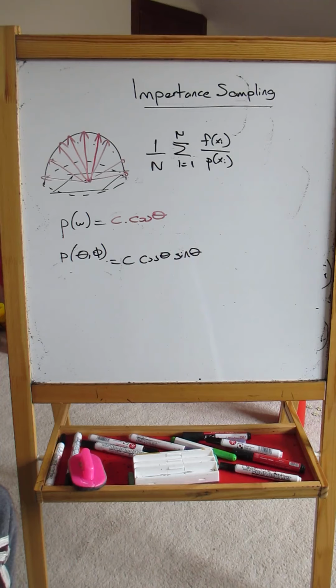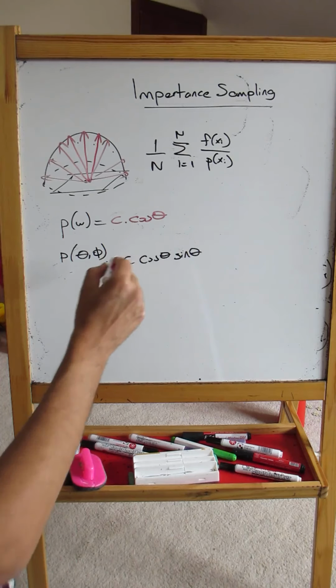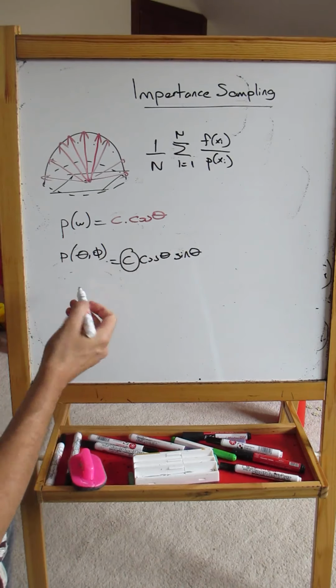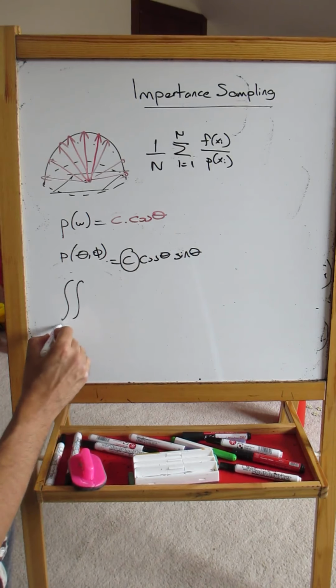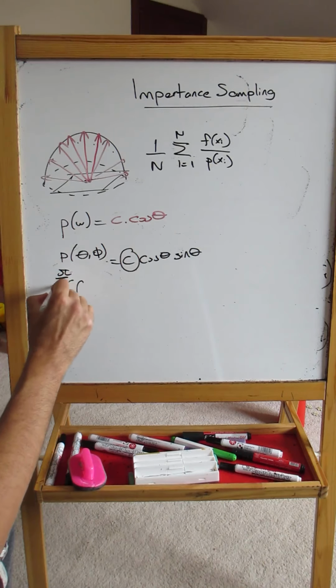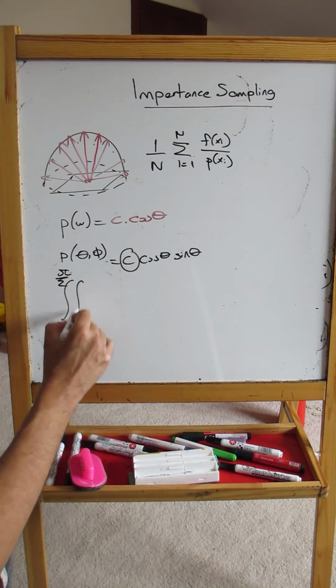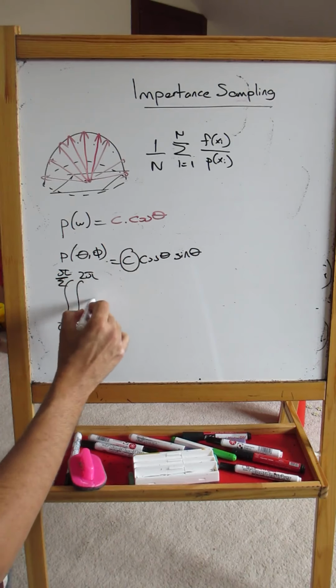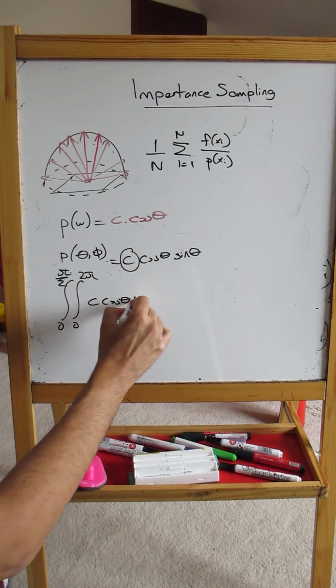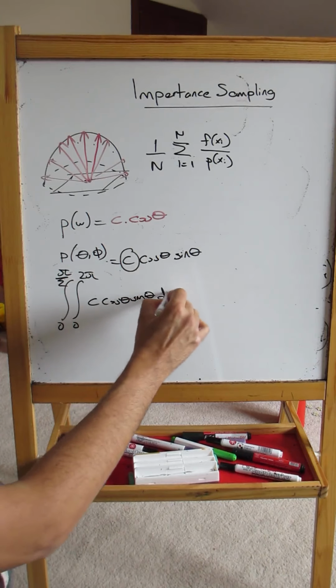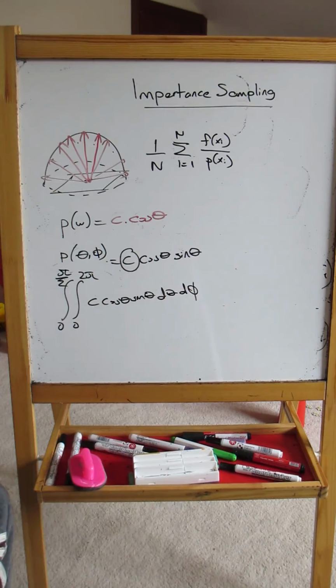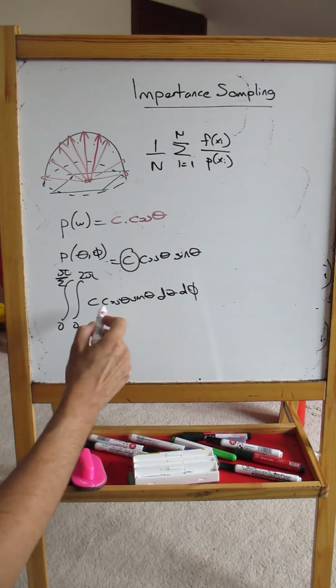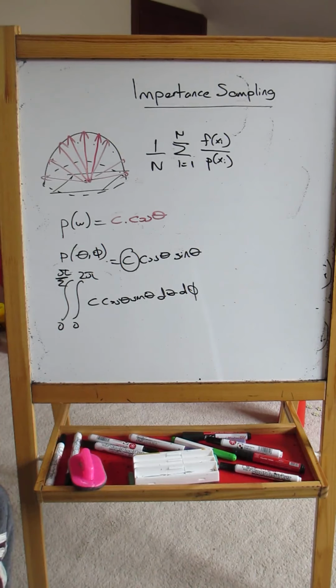Let's first find what this C is. How do we find it? I think we know how to do this by now. We integrate the distribution in its domain: C cos theta sin theta d theta d phi. I think you may have seen this integral before.